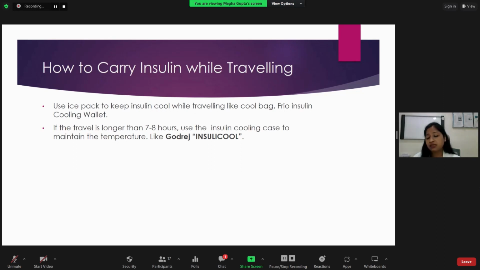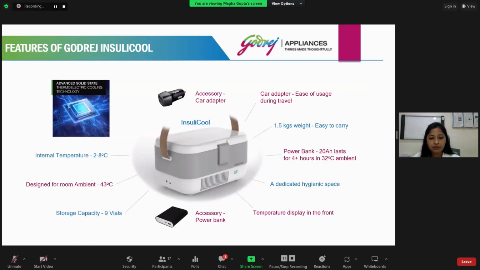If the travel is longer than 7 to 8 hours, there is a cooling device from Godrej called InsuliCool. It is a kind of portable fridge that we can carry. We can keep 9 vials in it, and it has a nice car adapter charger. It maintains the temperature and is hygienic, with a power bank as well.